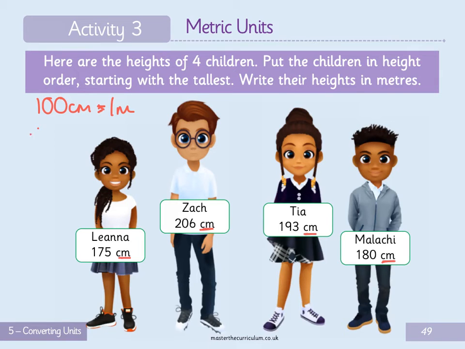So we're going to have to be dividing by 100. So 175 divided by 100 would be 1.75 meters. This would be 2.06 meters, and 1.93 meters, and 1.8 meters.